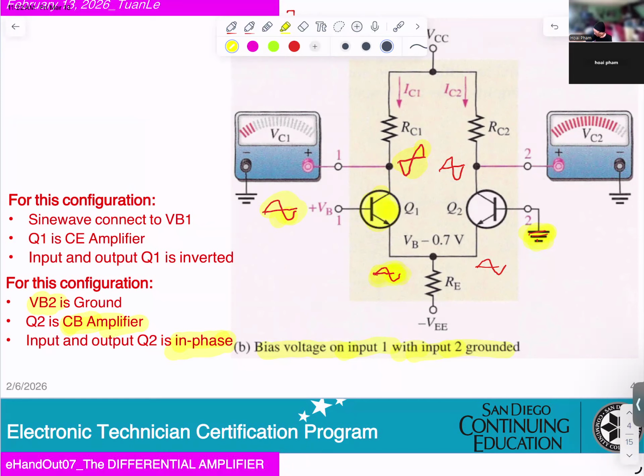And this sine wave goes into the emitter of Q2, and Q2 will be a common base amplifier. So the output will be in the same phase as the input. Okay, that is what you need to recognize.